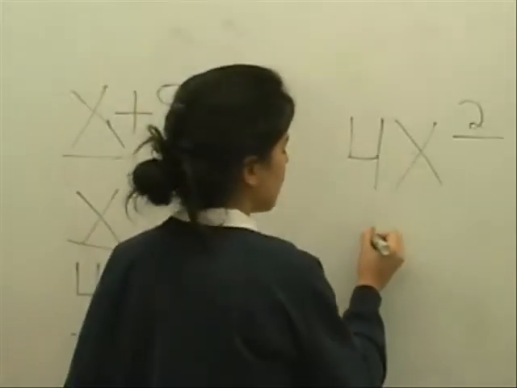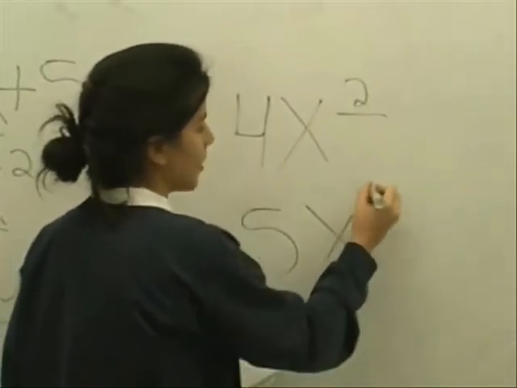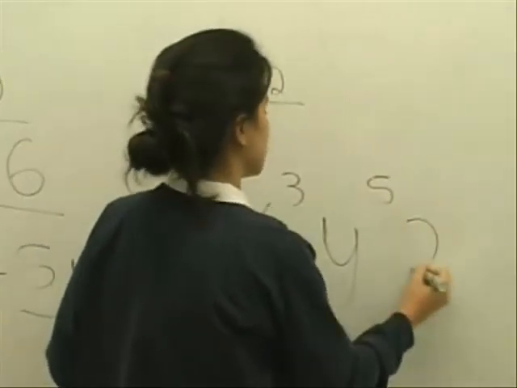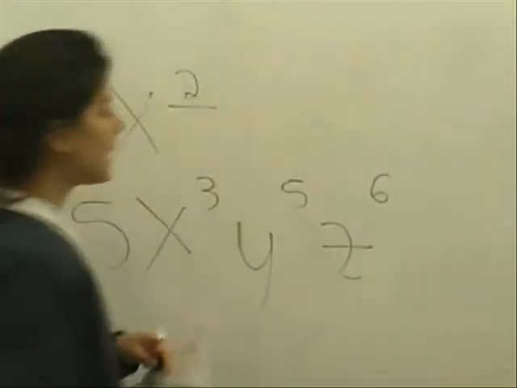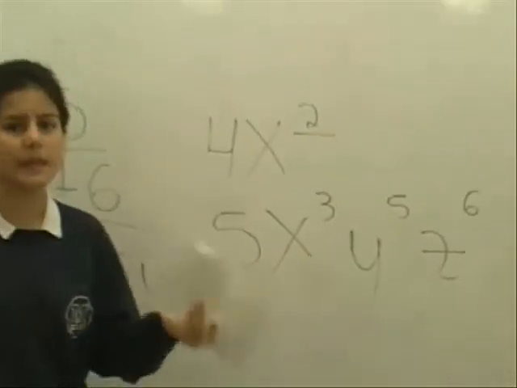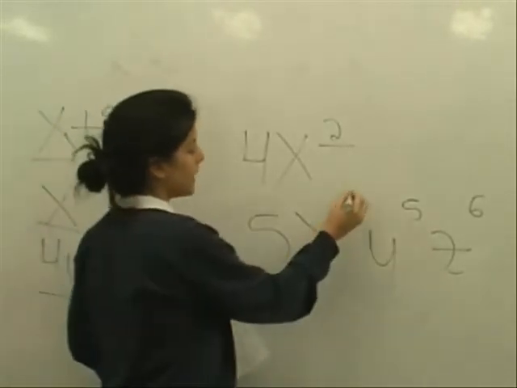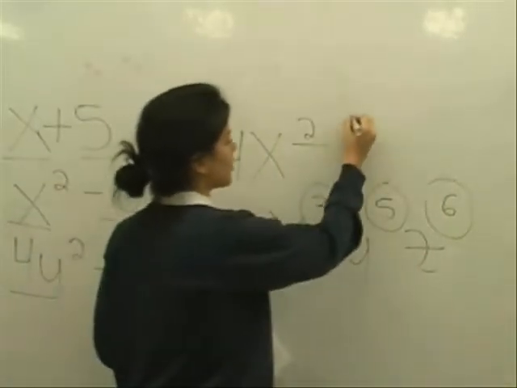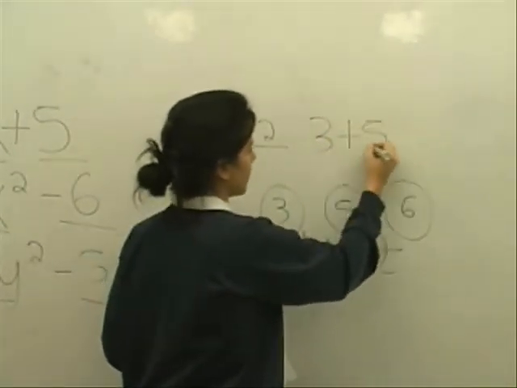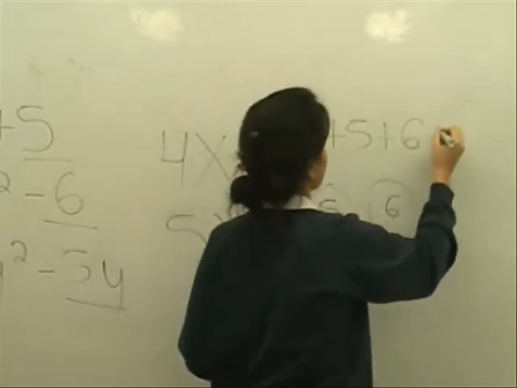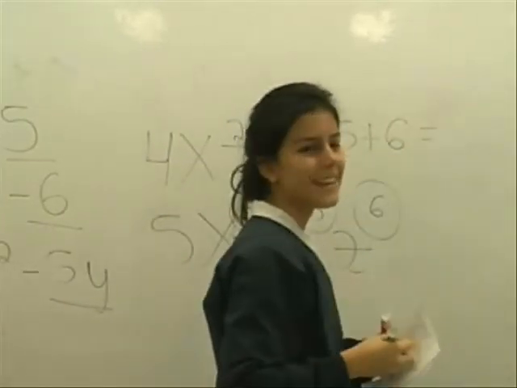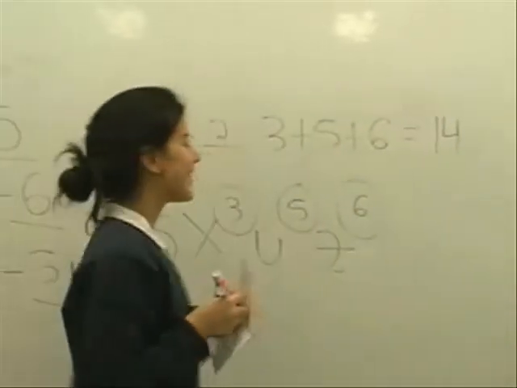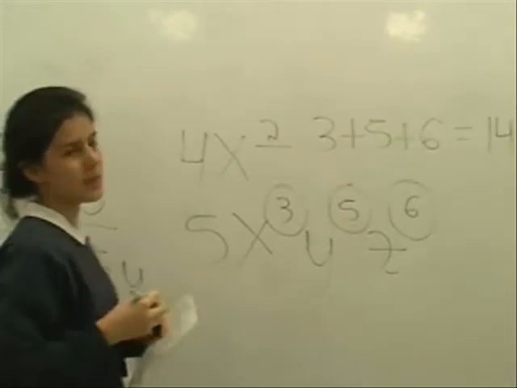For example, in 5x to the power of 3, y to the power of 5, z to the power of 6, the degree of this monomial will be the sum of the exponents of all the variables. So 3 plus 5 plus 6 is 14. So the degree of this monomial will be 14.